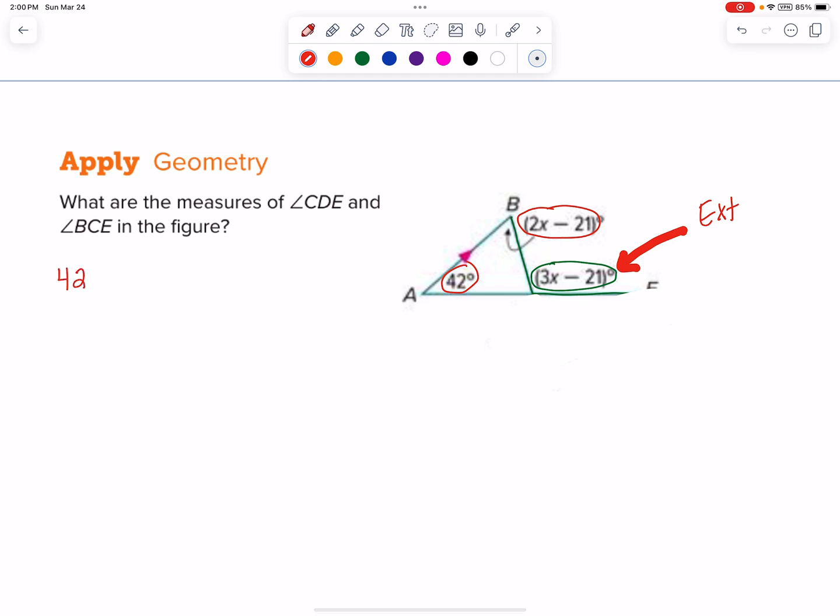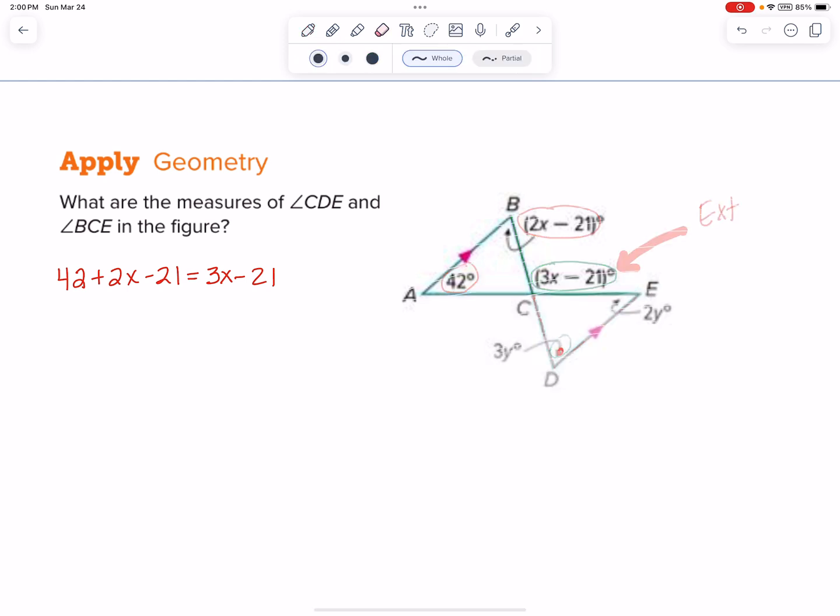So I can say the angle 42 plus the 2x minus 21 is equal to 3x minus 21. And that's a true statement. And if we can solve for x, then we can actually turn all those into numbers. So let's go ahead and I'm going to now take my eraser and erase all my stuff here. Okay, and let's go ahead and solve for x.